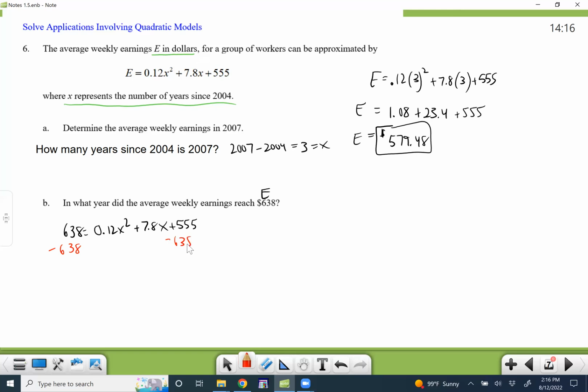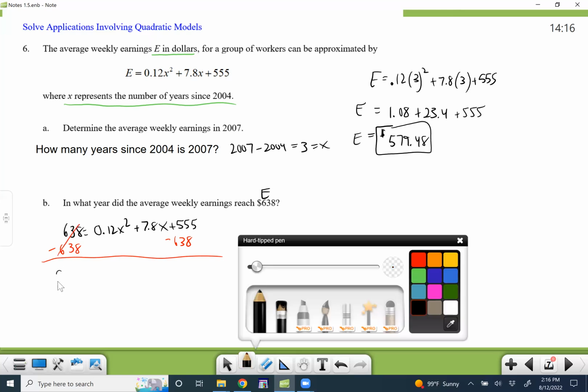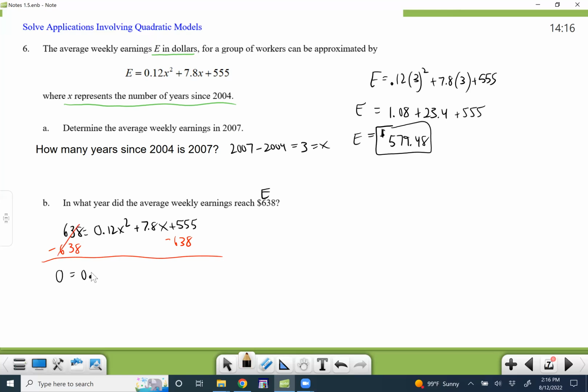So move the 638 over, so that way we do have a 0 over here. And then 555 take away 638 on the calculator, negative 83. I'm going to use my calculator for a lot of stuff here, you guys, because clearly this was designed to be a calculator problem.